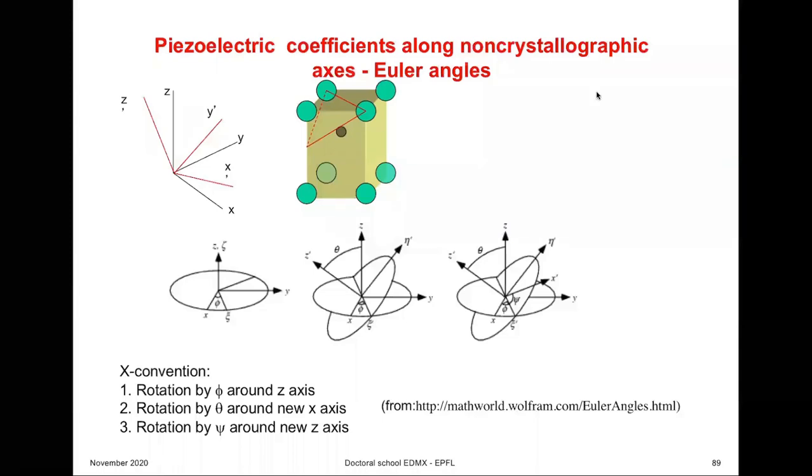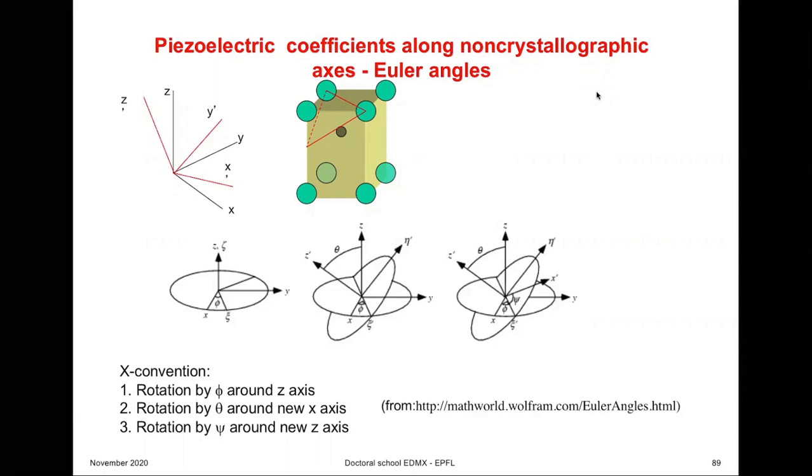The piezoelectric matrices and piezoelectric coefficients that we defined and used earlier were all given in a so-called crystallographic coordinate system, where crystal axes are defined according to some principal axis of the crystal.